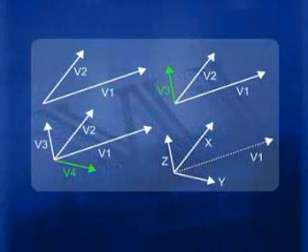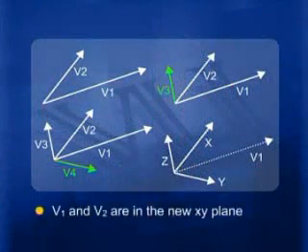Now you are looking at some visual examples of what we have just said. Originally we are given v1 and v2. So when we take the cross product of v1 and v2, we end up with another vector added, v3, which is perpendicular to both v1 and v2.